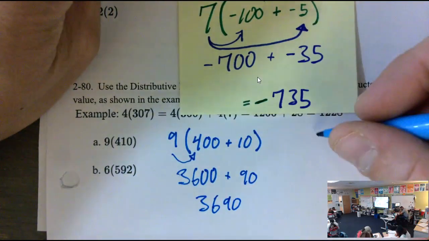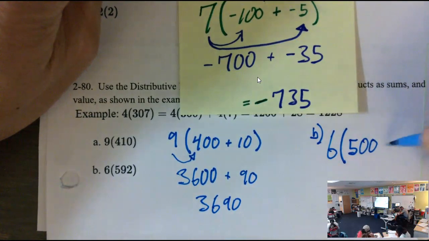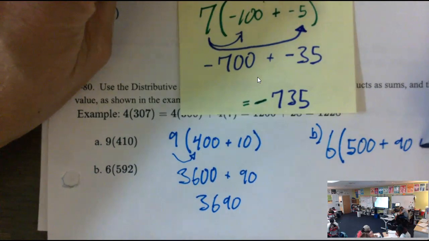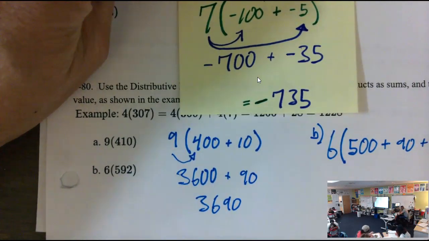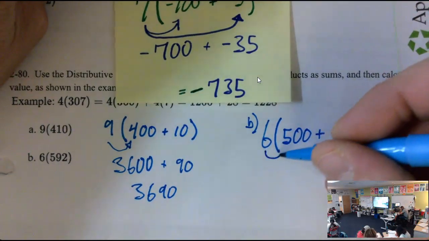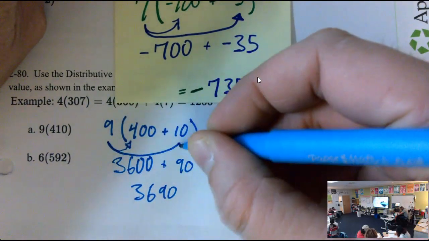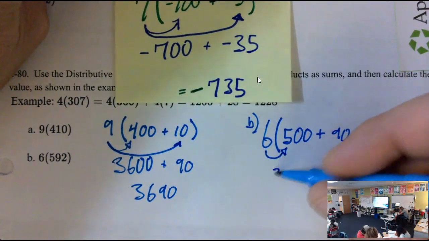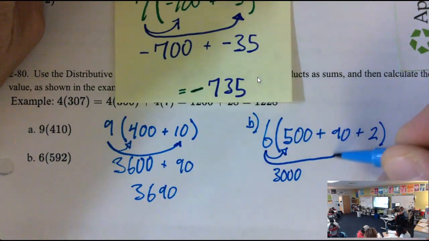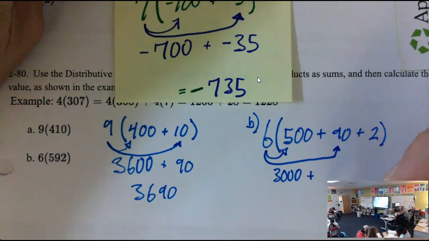The B, I'm going to do B over here. 6 times 500 plus 90 plus 2. 6 times 5, 30 and then 2 extra zeros. 6 times 9, 54.